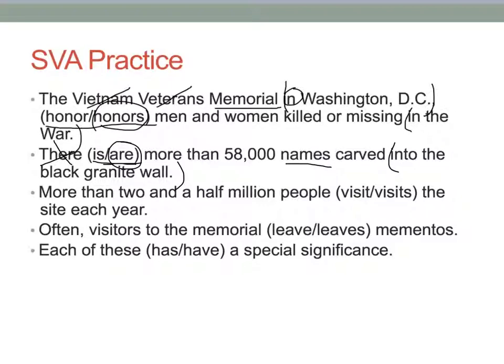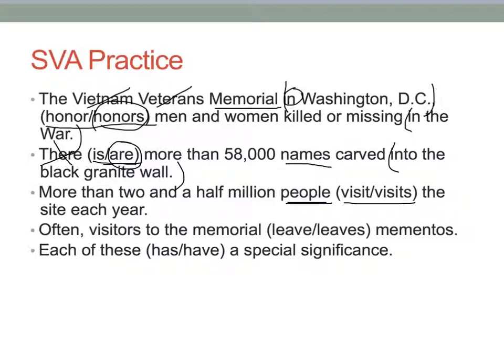Okay, let's move on to the third sentence. More than 2.5 million people visit or visits the site each year. So we don't have a prepositional phrase in that sentence. So let's look more closely at what the subject of this verb could be. Who or what visit? Well, it's people. And people is one of those nouns that even though it doesn't have an S on it, it's in the plural.